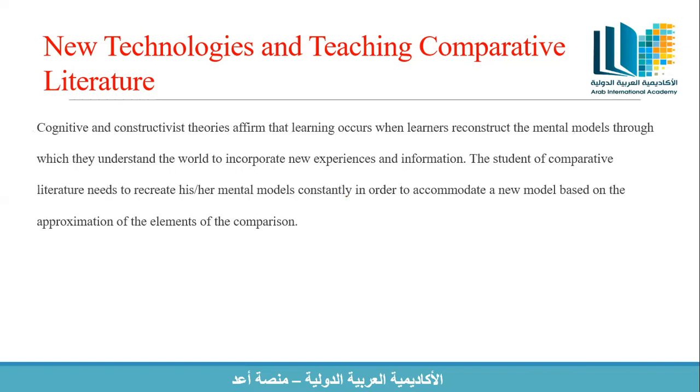Cognitive and constructivist theories affirm that learning occurs when learners reconstruct the mental models through which they understand the world, incorporating new experiences and information. So the student of comparative literature needs to recreate his mental models constantly in order to accommodate a new model based on the approximation of the elements of comparison.